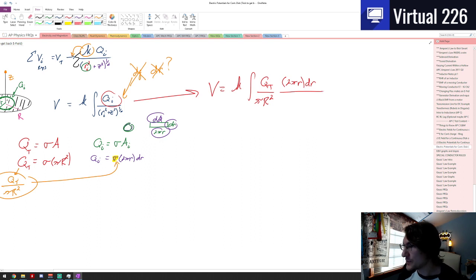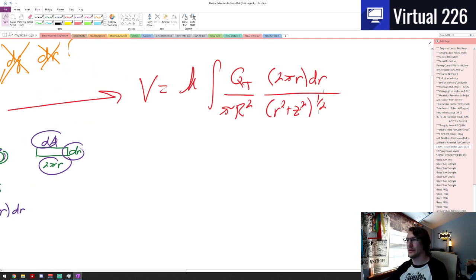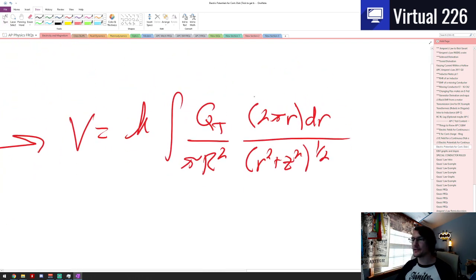And then I can divide this by this radical in the denominator, r squared plus z squared to the 1/2 power. And this actually looks kind of nice, because now what I'm basically saying is, look, I'm taking all of the rings and I'm adding them up across the distance of those rings.